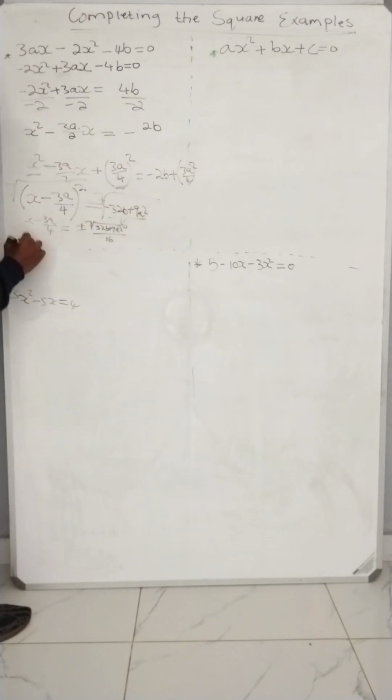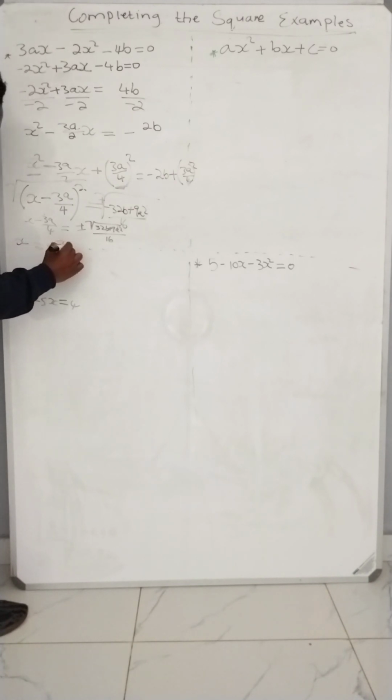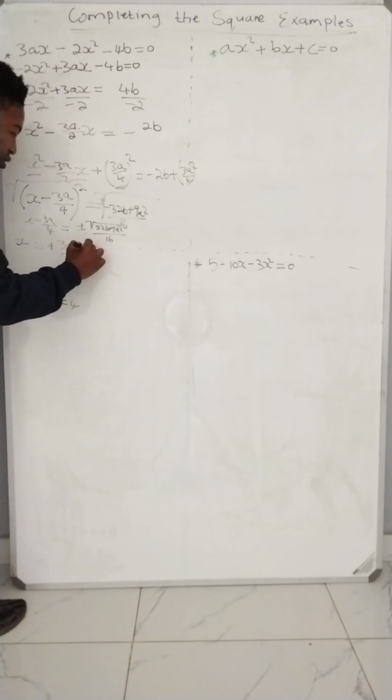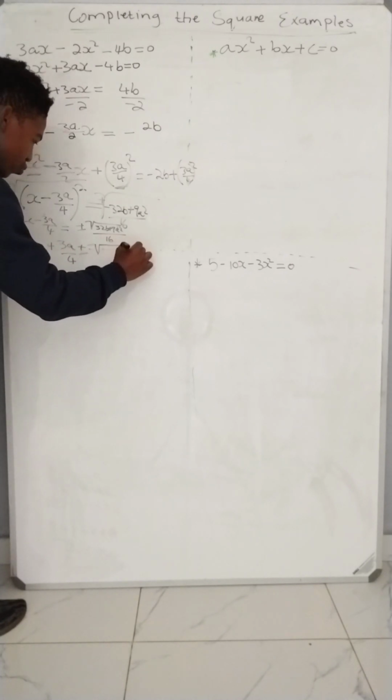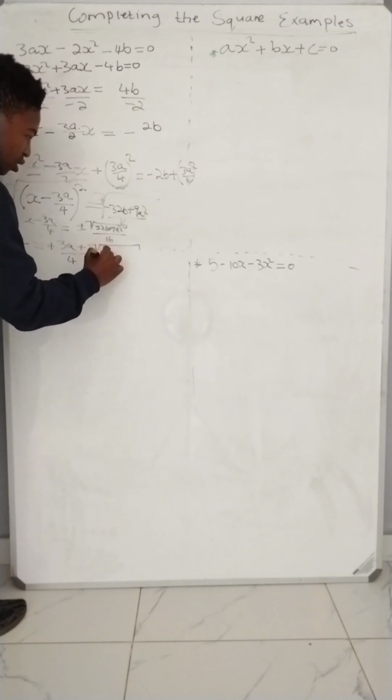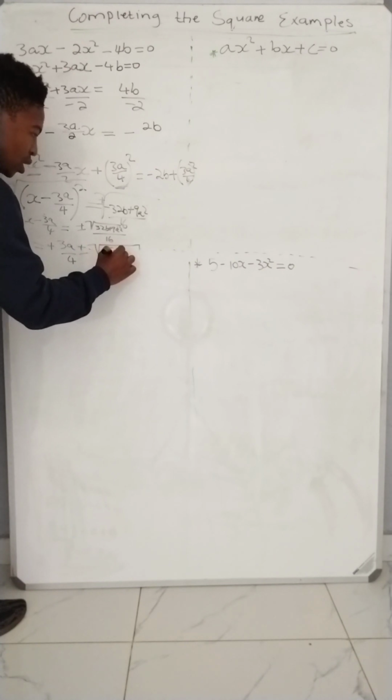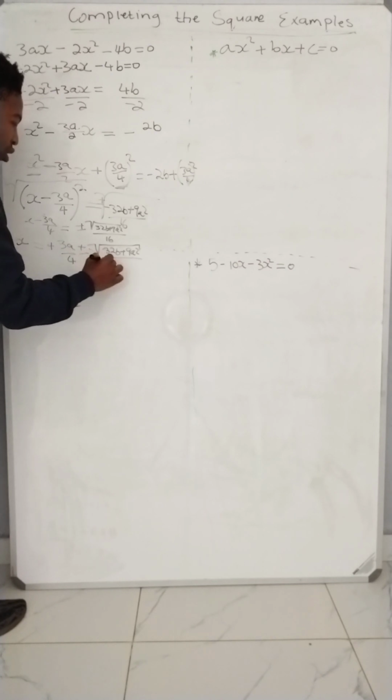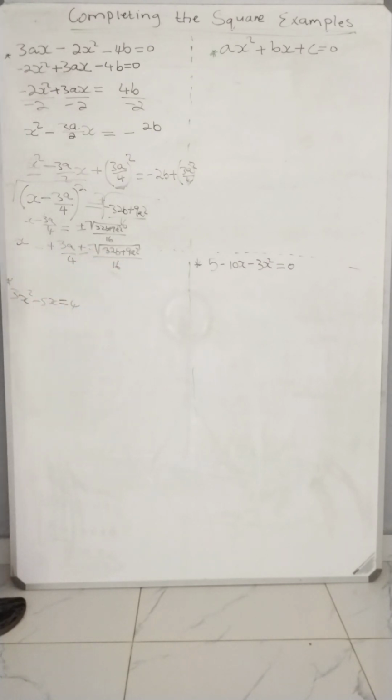So your x, since you're looking for x, your x will be equal to, it is a negative, when it goes that side it will be a positive, plus 3a over 4 plus minus the square root of 32b plus 9a squared over 16.